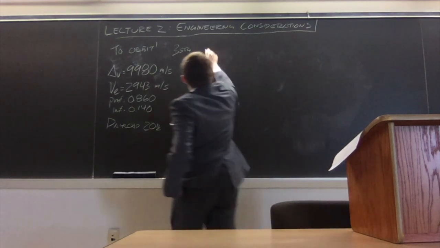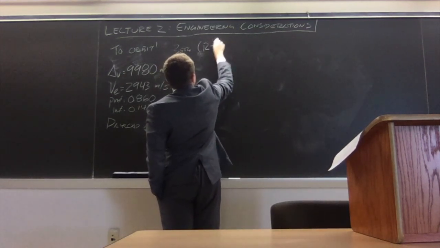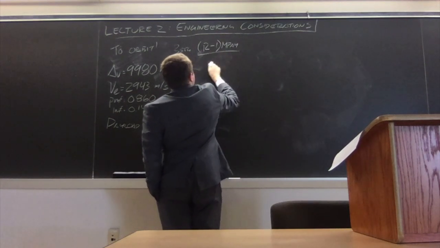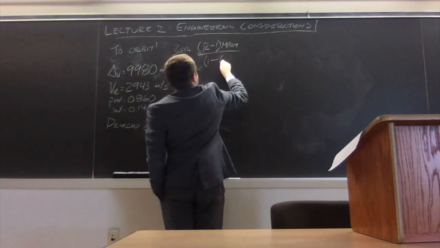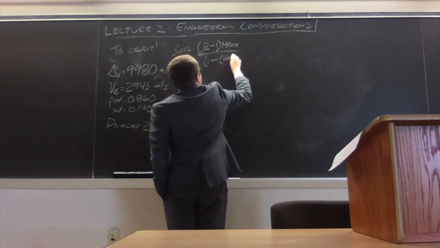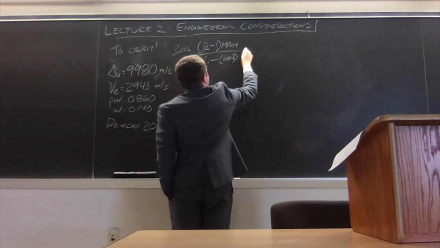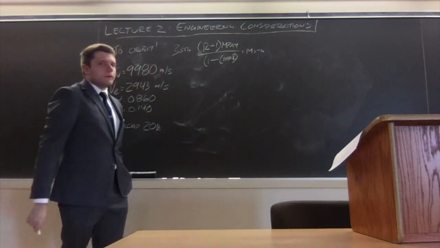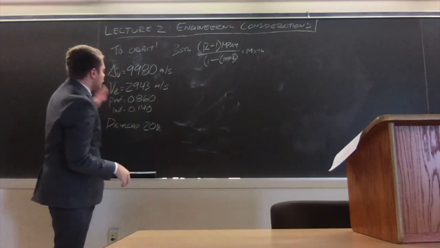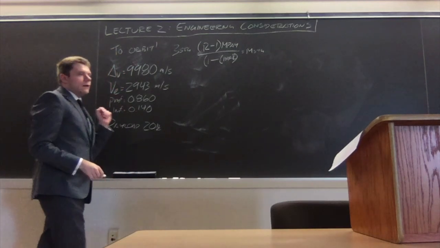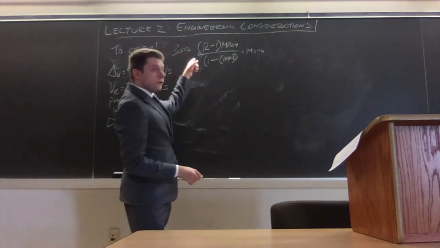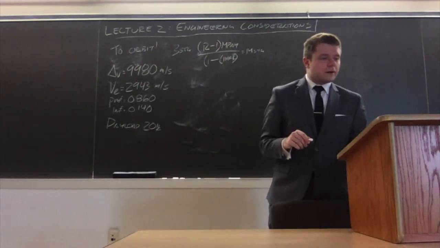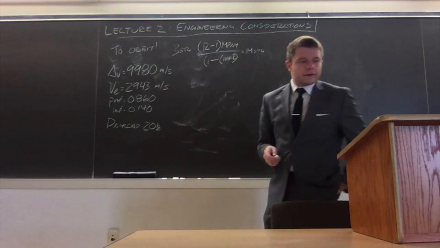So we have r minus 1 times payload over 1 minus inert mass fraction times r. This is our starting point. One nice thing is because we're treating each stage with the same delta V, our r value, e to the power of delta V over the exhaust velocity, will be a constant throughout the entire thing. So we can really quickly calculate that.